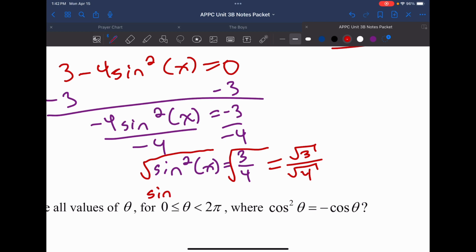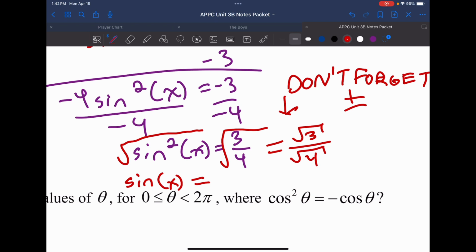So sine of x is equal to, don't forget, plus or minus, because it needs to be the plus or minus values.